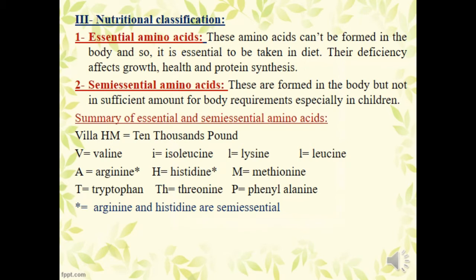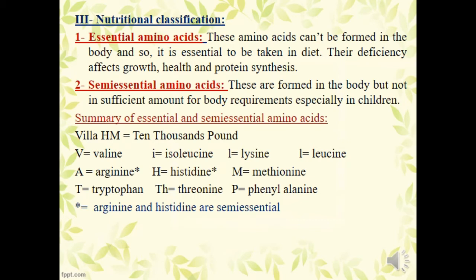Therefore, they are classified into these 3 groups. Essential amino acids are the ones needed by your body for biosynthesis. Semi-essential means you need it partly, because part of it can be synthesized by your body. And then of course the third group is non-essential, meaning you don't need it from your diet, because your body can synthesize it.